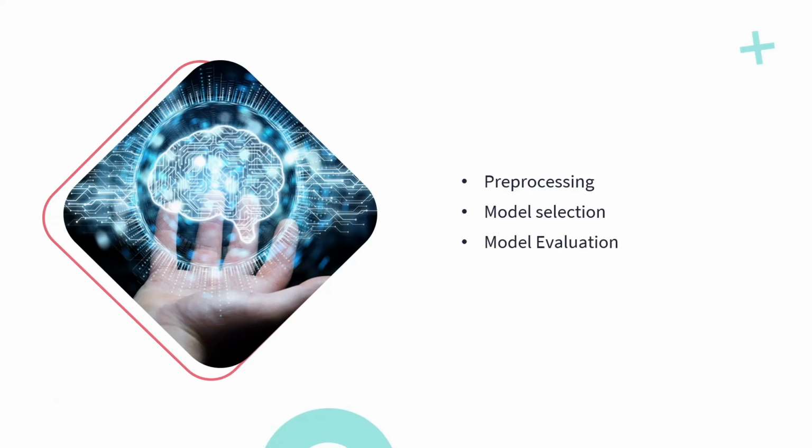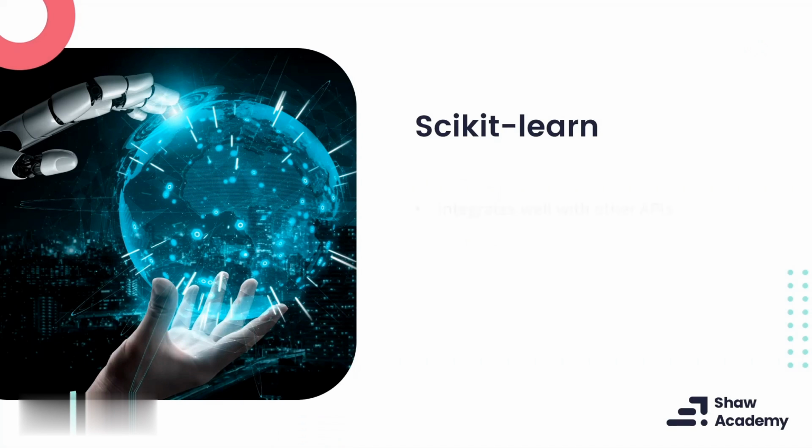There's a lot of different ways we can evaluate it, and scikit caters for specifically those variations. Scikit-learn integrates well with other APIs, like we mentioned with TensorFlow and Python, but it can also be integrated with various others, which can be a limiting factor in most of the other machine learning libraries.